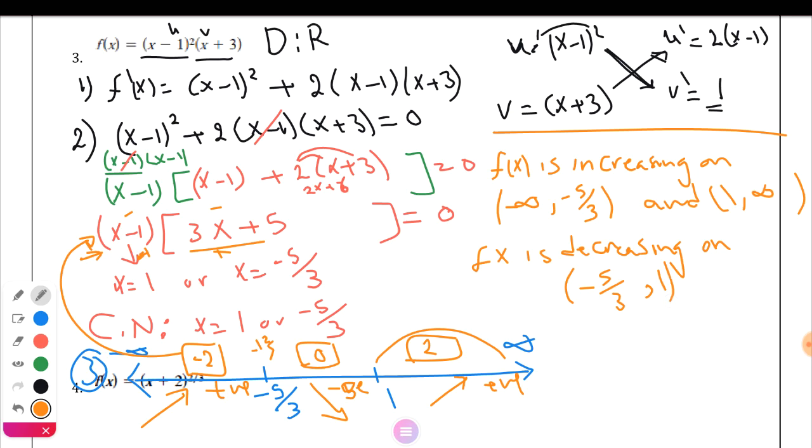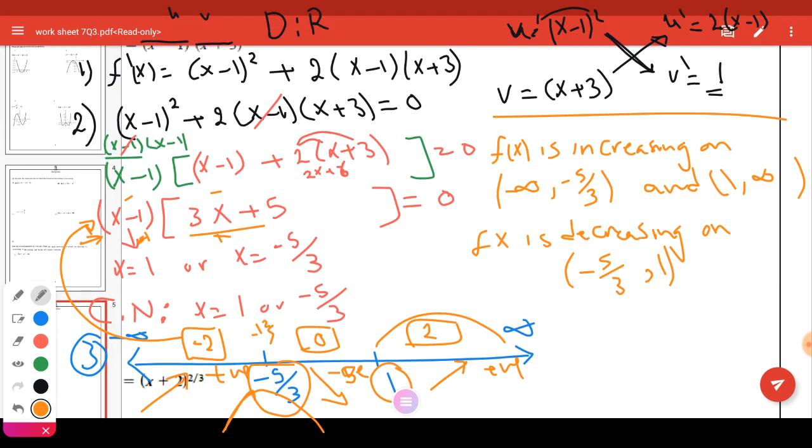Please, by looking at the graph, how to locate the extrema. Extrema occur at critical numbers. Here, that is the first critical number, second critical number, since the behavior of the function changes here: increase, then decrease.